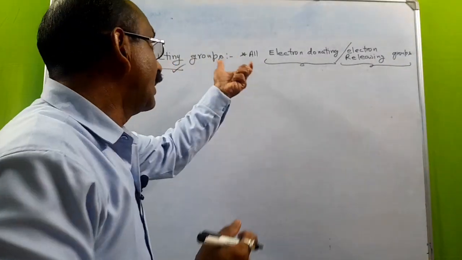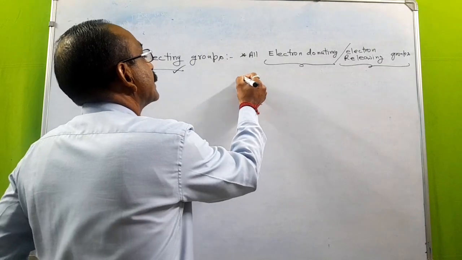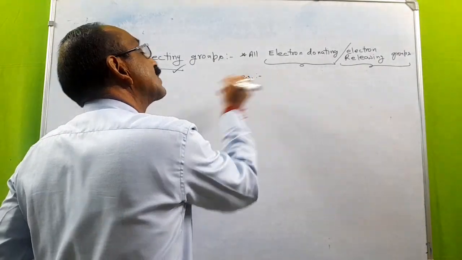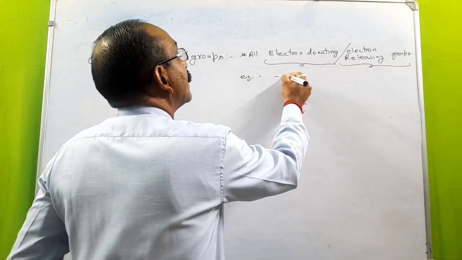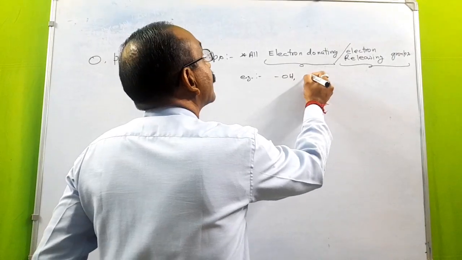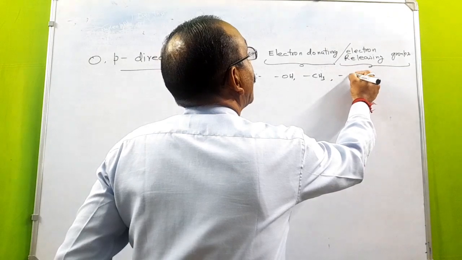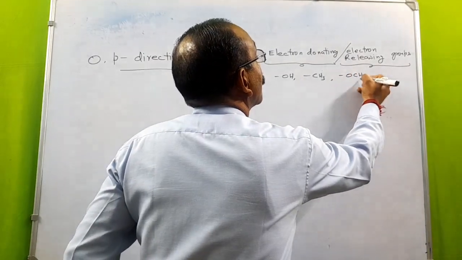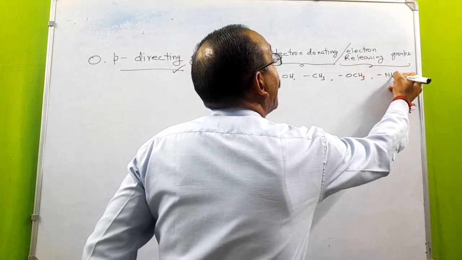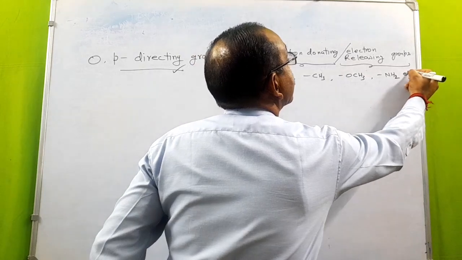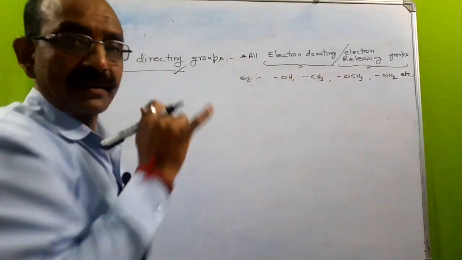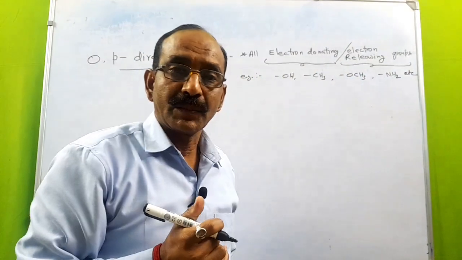See, some examples of electron releasing groups are like OH group, like alkyl group, like alkoxy group, like NH2 group, etc. These all are the electron releasing groups.